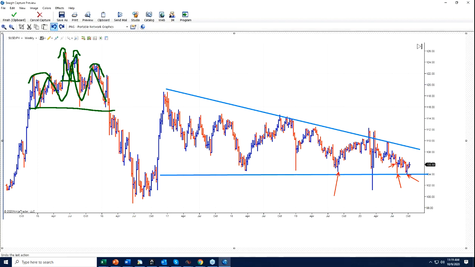But anything could happen. So I look at the market both from the perspective of opportunities, but also as where the traps are. The market lays various traps where your eyesight catches one thing, but there's many other things going on. So within this descending triangle, I see this double top.